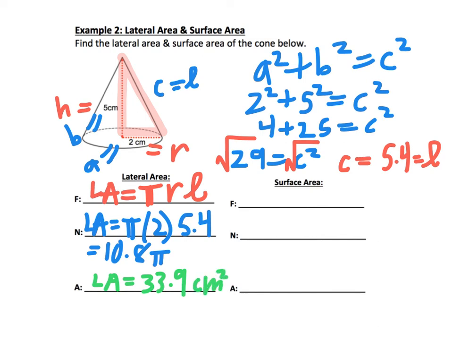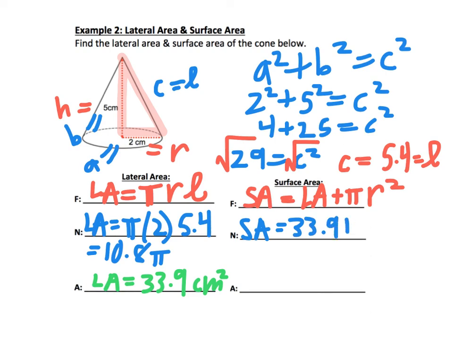We're talking about area. For surface area, we're doing lateral area plus pi r squared. If I plug in my numbers, we're going to do surface area equals 33.9 plus pi times 2 squared. When I square 2, I get 4, so I really have 33.9 plus 4 pi.